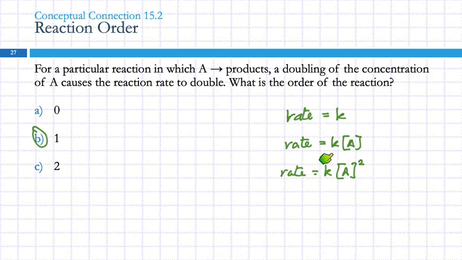This is the one, the first order, where the rate is directly proportional to A. If we double A, we double the rate. Here, if we double A, we are going to quadruple the rate. In a zero order reaction, if we double A, what happens to the rate? Stays the same, okay?